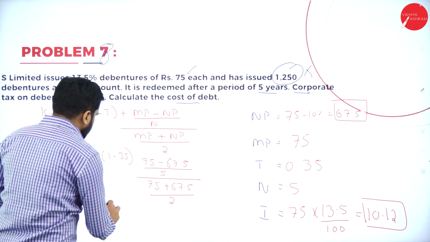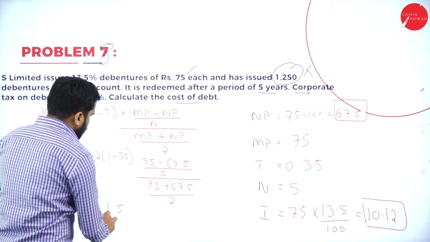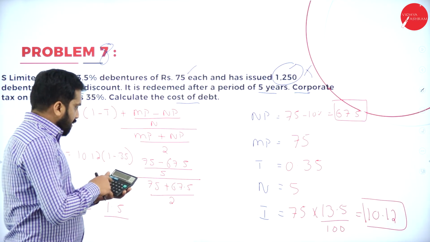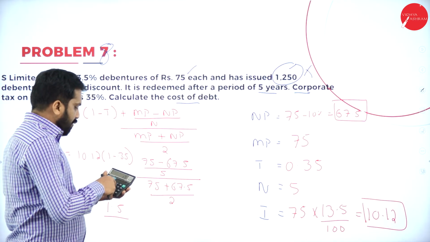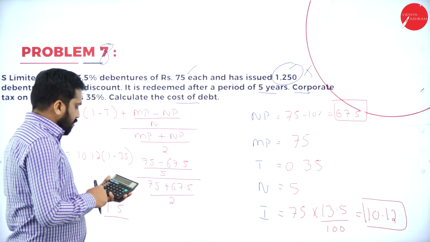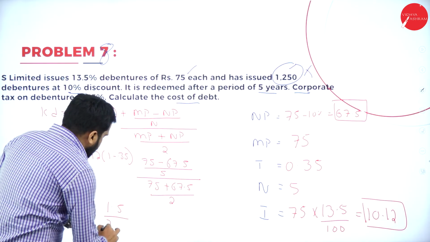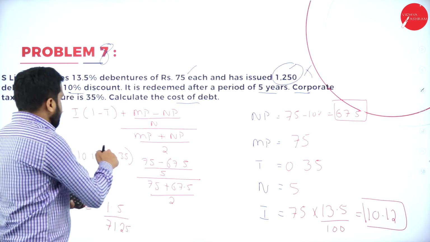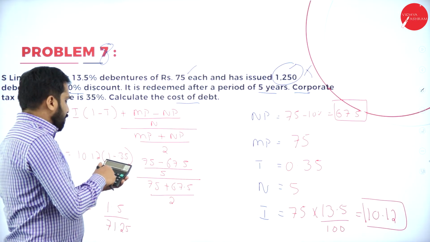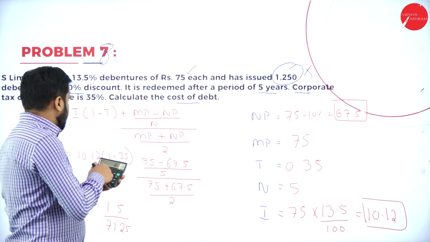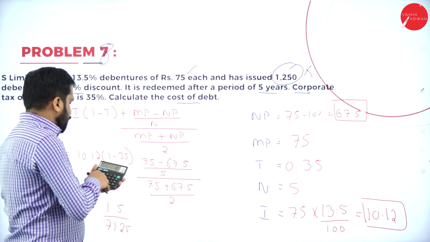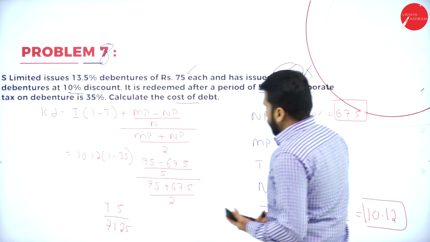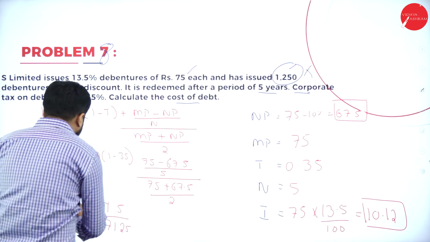Then 75 plus 67.5 divided by 2 gives around 71.25. And 1 minus 0.35 into 10.12 is around 6.57. So I got 6.57.